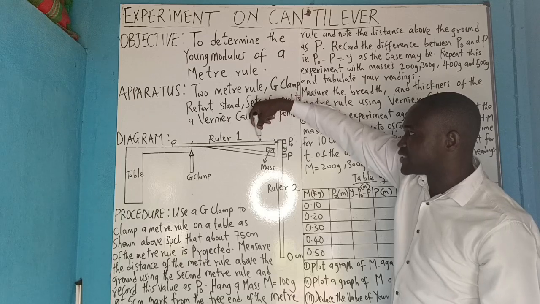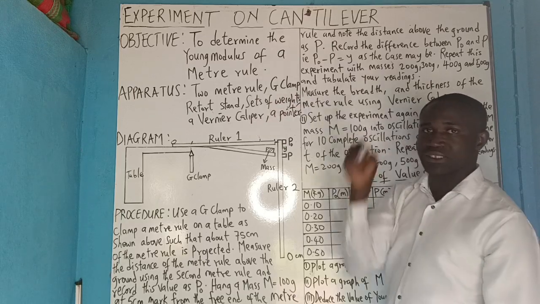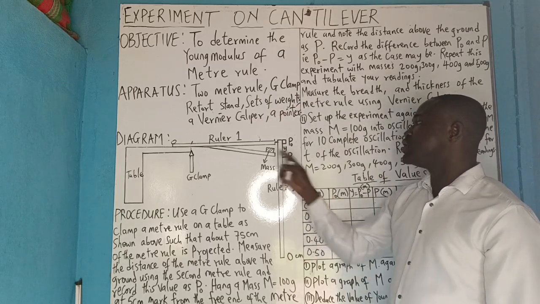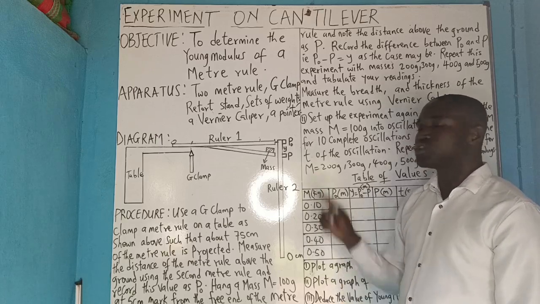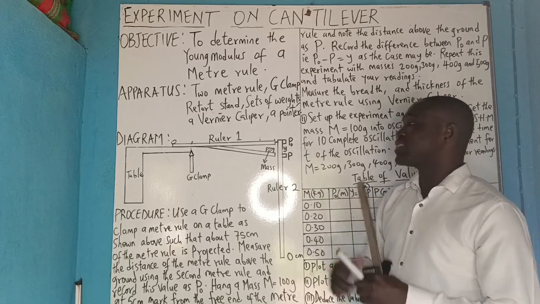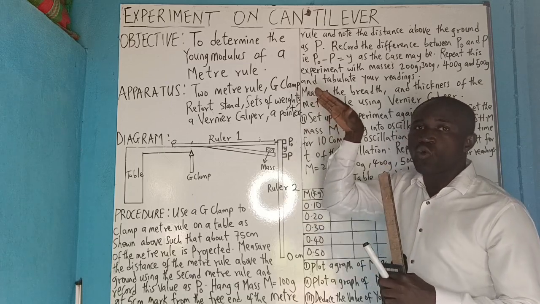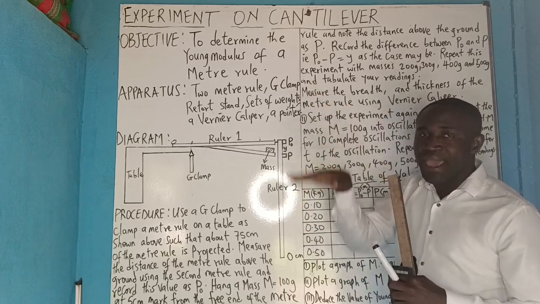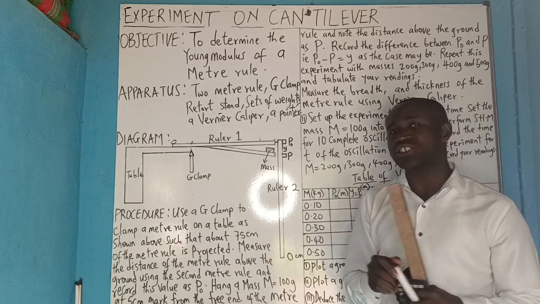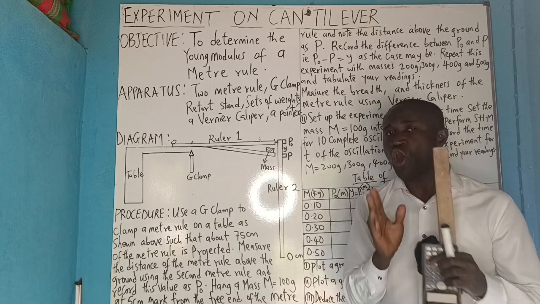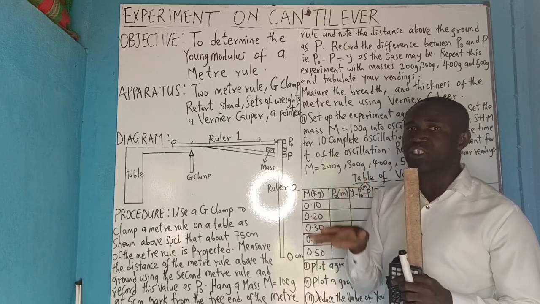From here to here is 5 cm. When you put the mass on it, something will happen. That mass has weight, and so it will try to depress or bend the meter rule. That is where the principle of bending or principle of depression comes in.